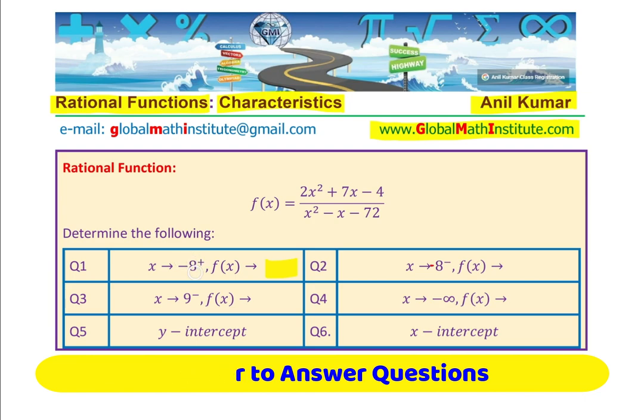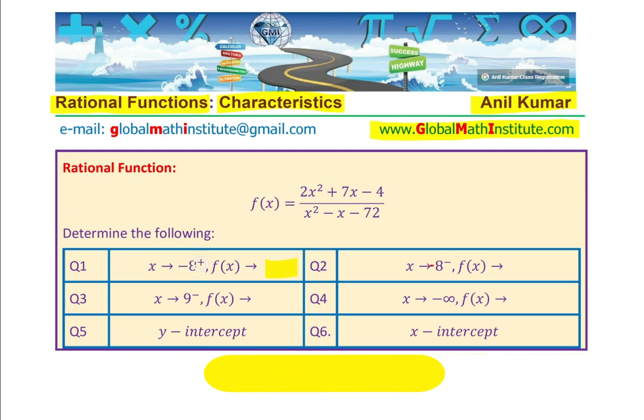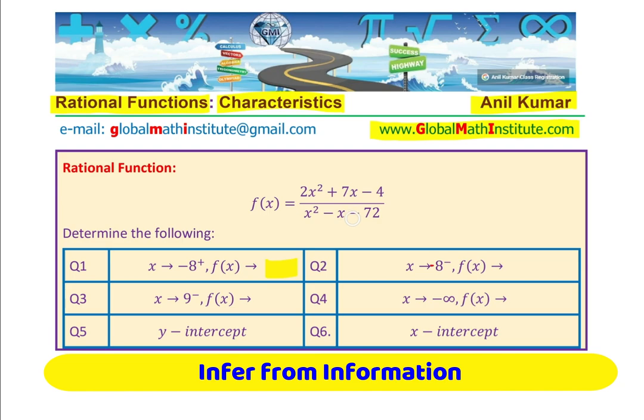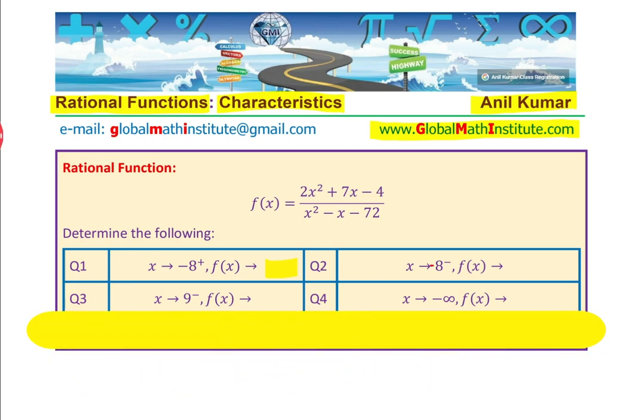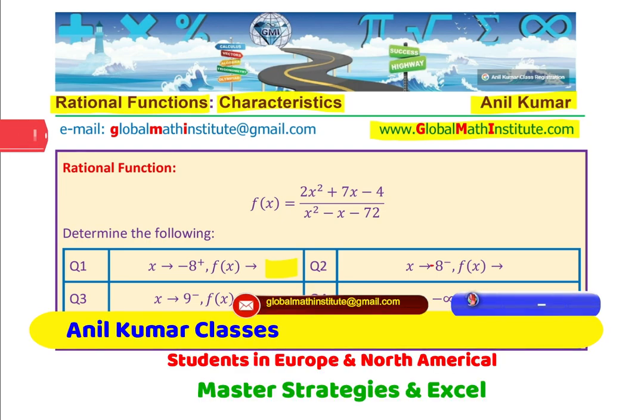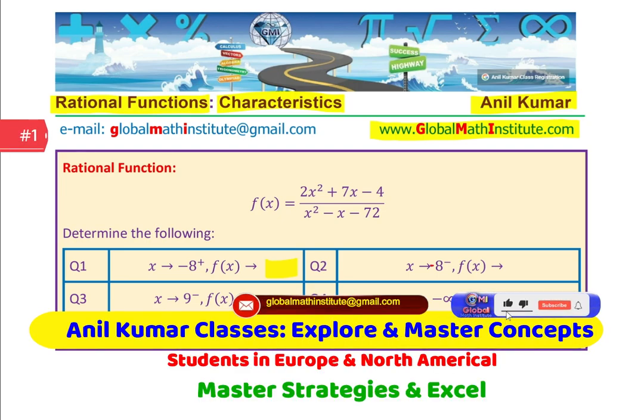When you're trying to find the behavior as x approaches minus 8 or 9, it gives you an idea that there is a vertical asymptote at minus 8 and 9, and we want to understand the characteristic of the graph. Perfect. So, I hope with this, you have enough knowledge to get into the solution. Try to answer and then look into my suggestions.